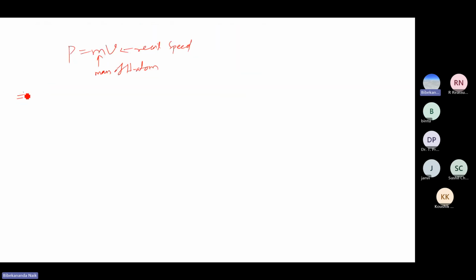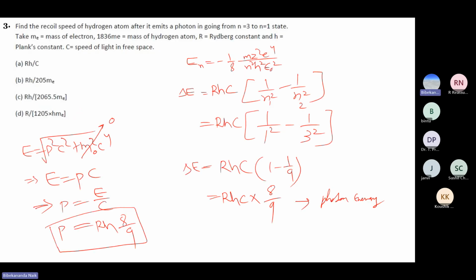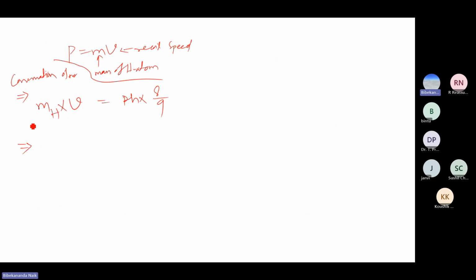So if you equate conservation of momentum, then it will be mass of hydrogen atom into recoil speed equal to Rh into 8 by 9. And from the question we have the mass of hydrogen atom is 1836 times the mass of electron. So it is 1836 into mass of electron into recoil speed equal to Rh into 8 by 9.